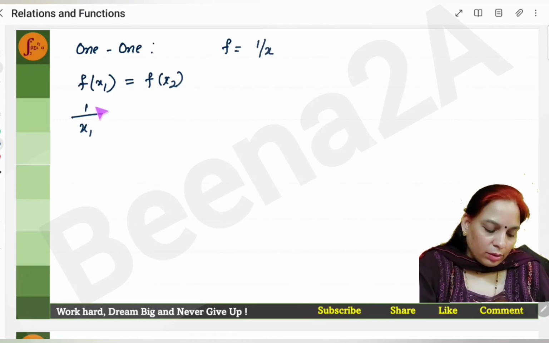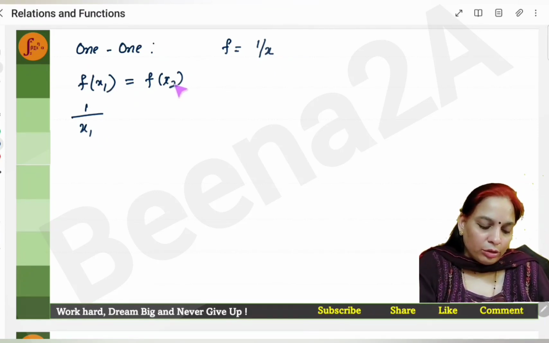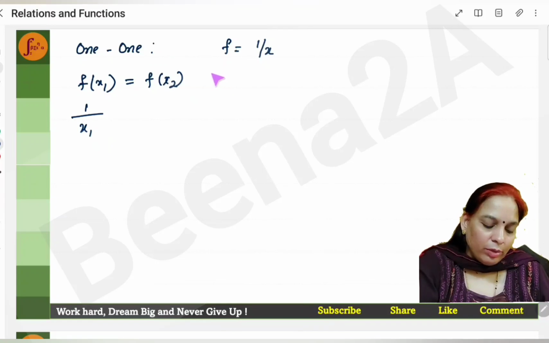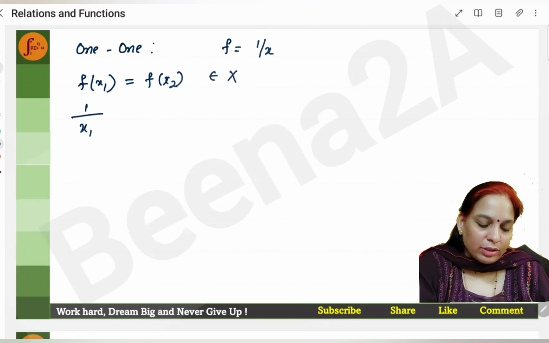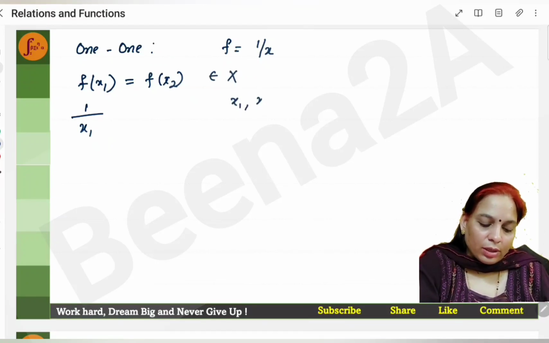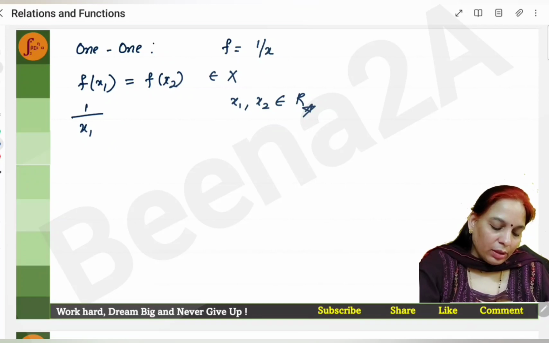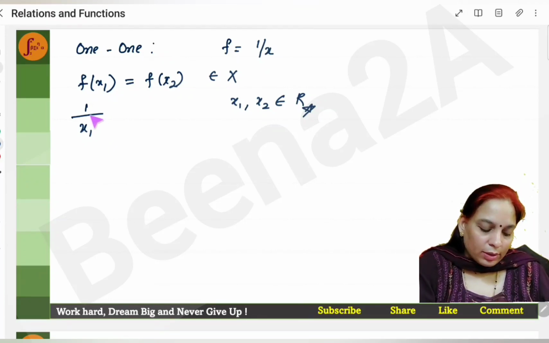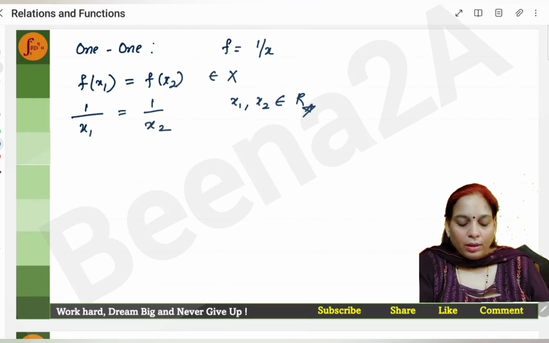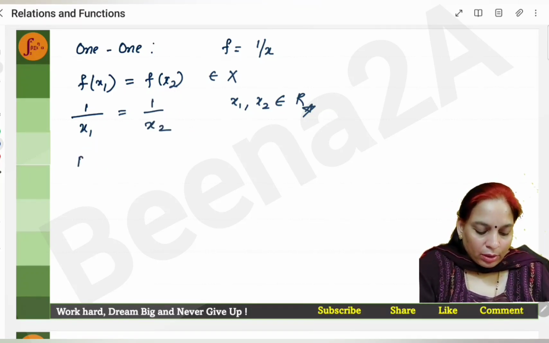I'll take x1 and x2 as two elements belonging to set X. We're just assuming that x1 and x2 belong to the real numbers, the first set. So f of x1 is 1 by x1 and f of x2 is 1 by x2. Now let me take the reciprocal.